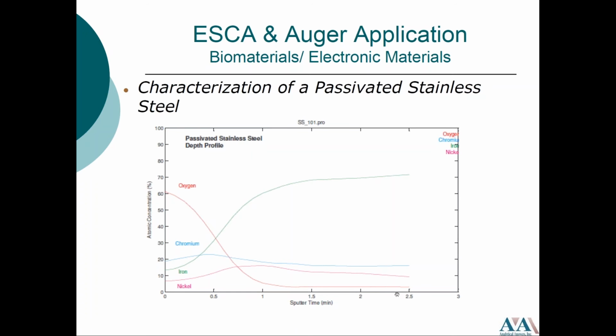And so understanding or characterizing the passivation on your metal in order to remove it may be beneficial in the world of electronic materials, where understanding and quantifying the thickness of a passivated material in the world of biomaterials becomes important for the quality of your material.